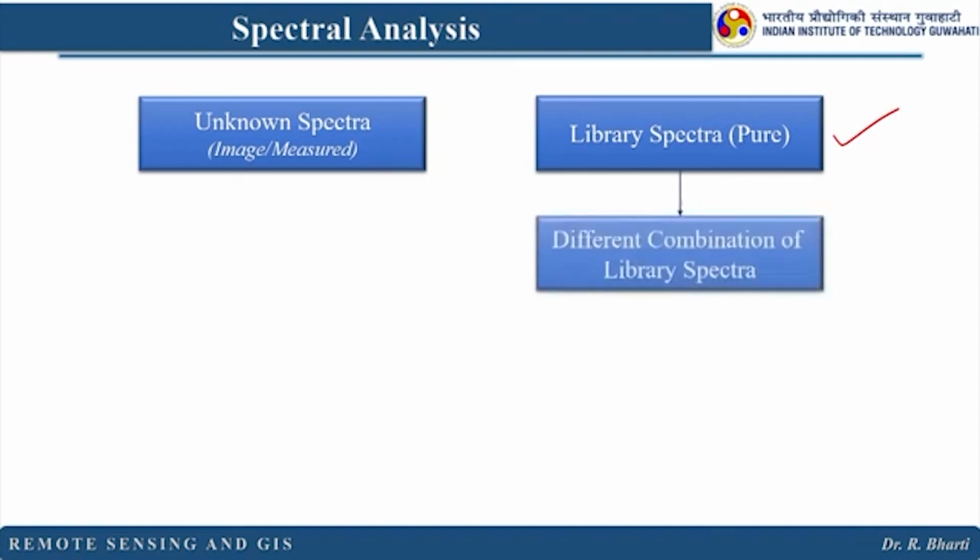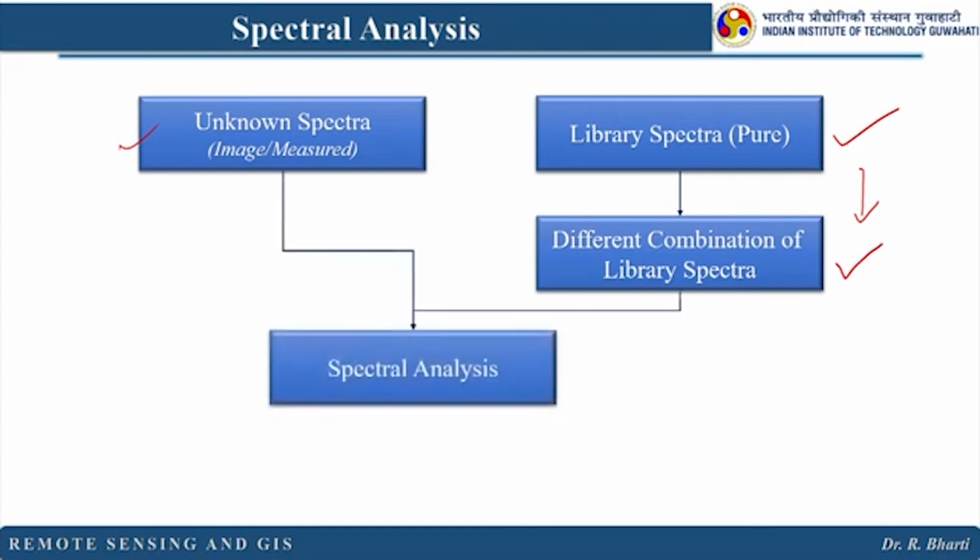Now, when we want to deconvolve or identify the composition of unknown spectra, what will we do? We will mix this library spectra in different proportions. So here we will generate the spectra of different combinations of library spectra.